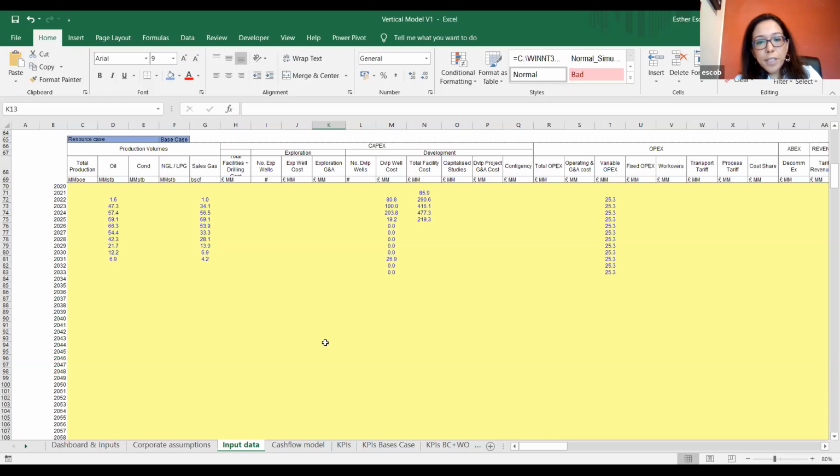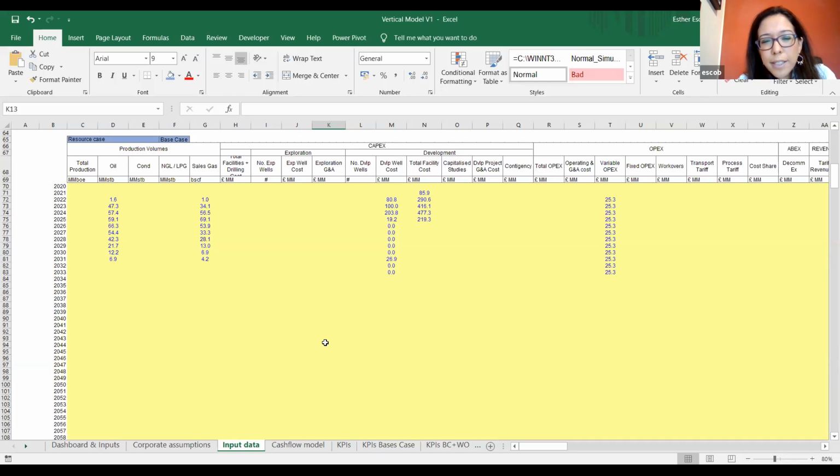The idea of this development is based on subsea equipment. It's an FPSO and a one-off buy, and we have an OpEx with an abandonment because we cannot run away from the abandonment cost in the UK, in the North Sea.